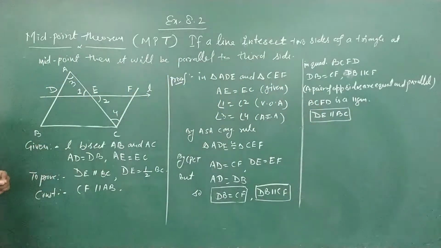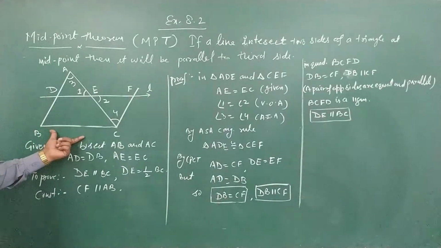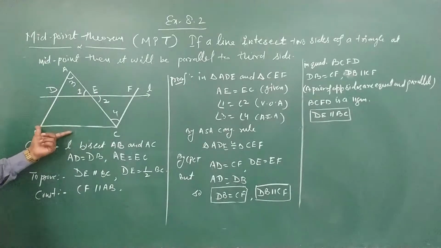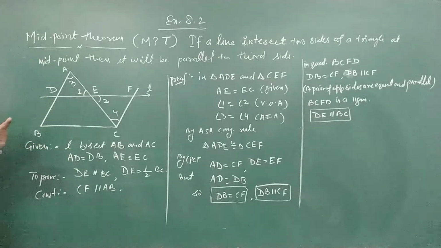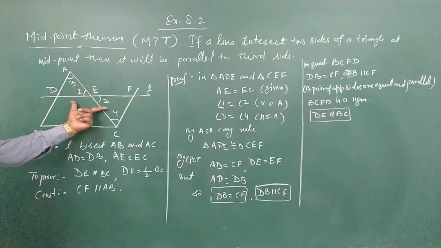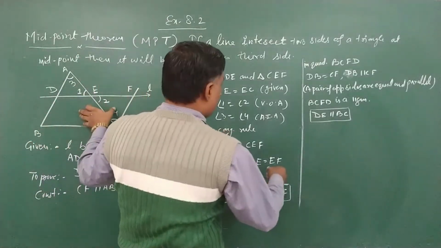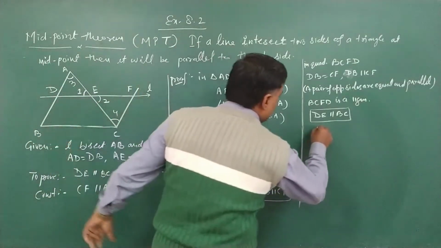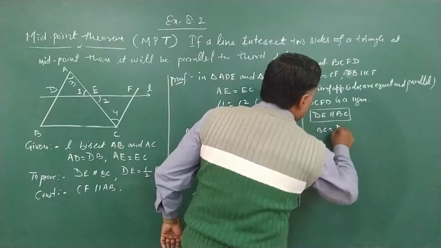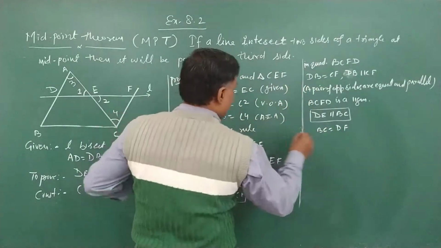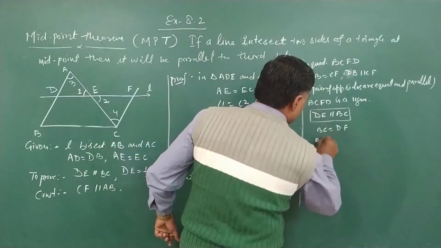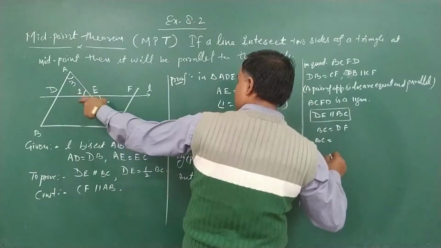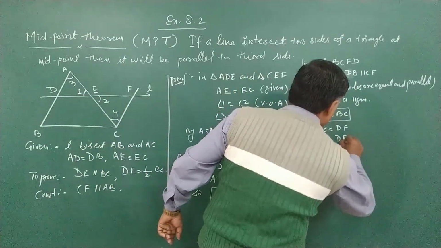Now in the second one we prove that DE is half of BC. You can see here BCFD is a parallelogram, and in a parallelogram opposite sides are equal. So BC is equal to DF, and DF is a part of DE plus EF.